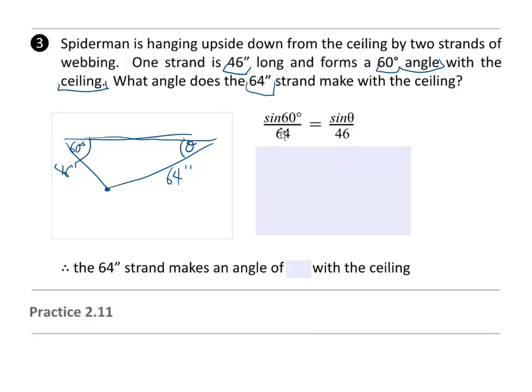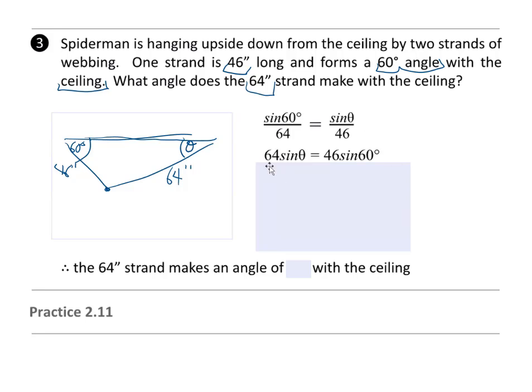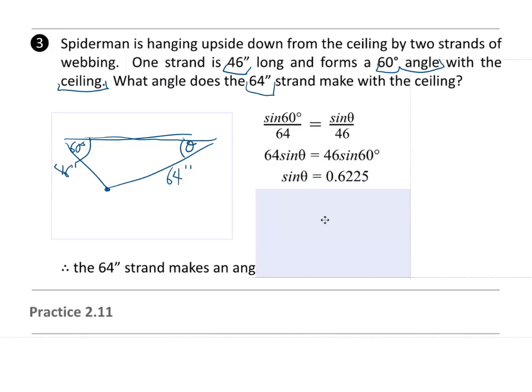Okay, so sine of 60 over 64 is equal to sine theta over 46. I would multiply 46 by sine 60, then divide by 64, then take the sine inverse. Now, here, the way it's typed out, you could do it this way. This is just cross multiplication, but in extra steps.